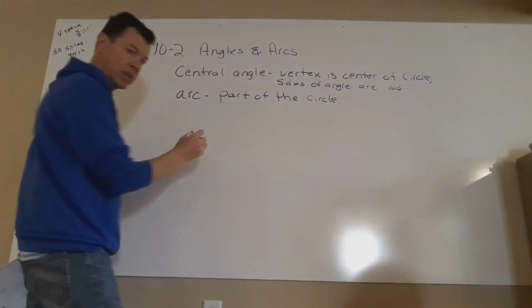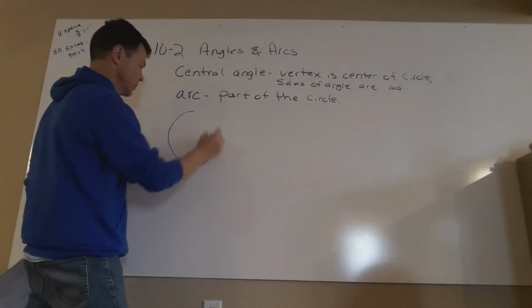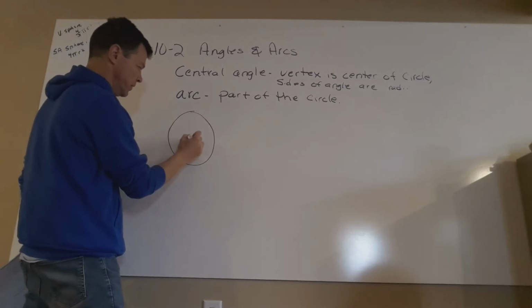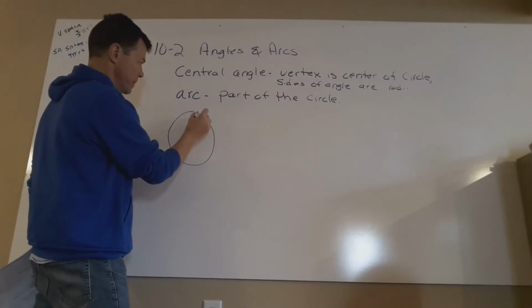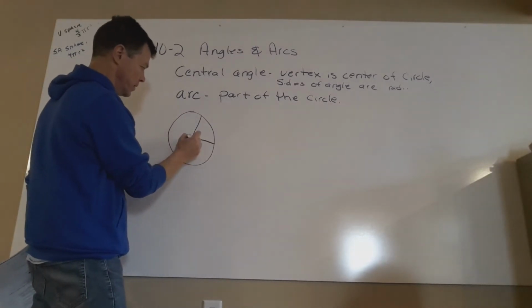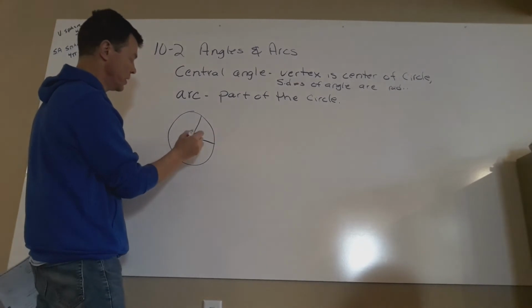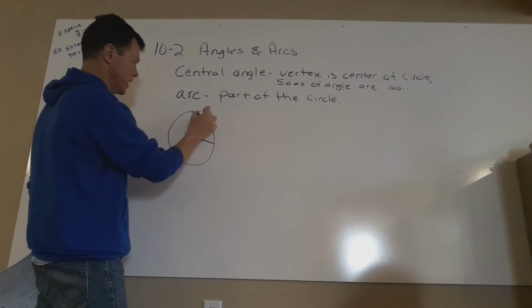I'm going to do some examples of these. There's our circle. If we have the center right here, then just make an angle. Center, that would also be the vertex. We'll call it V for vertex.